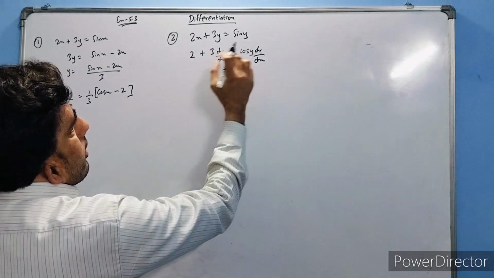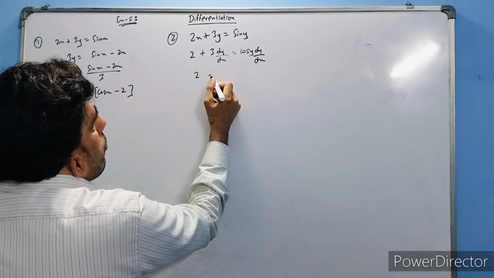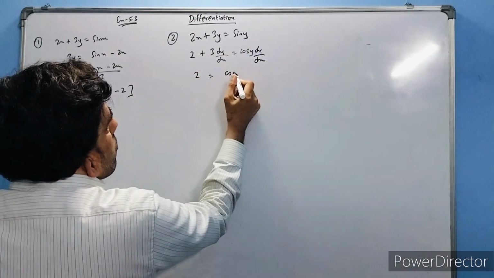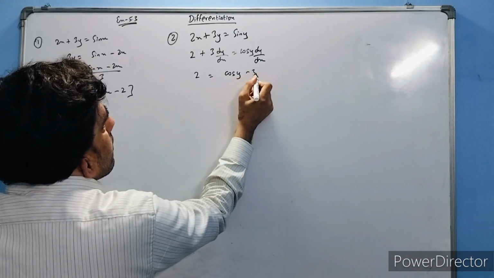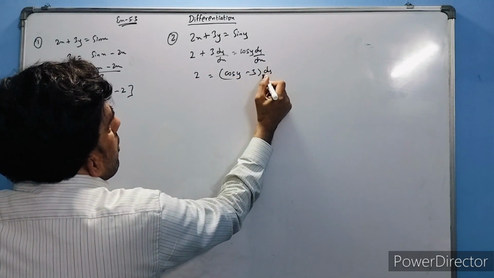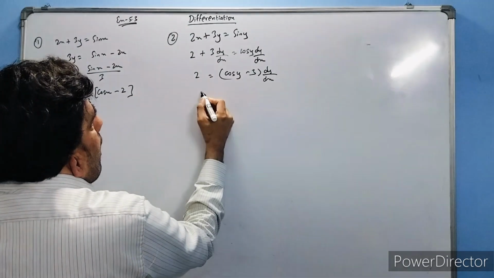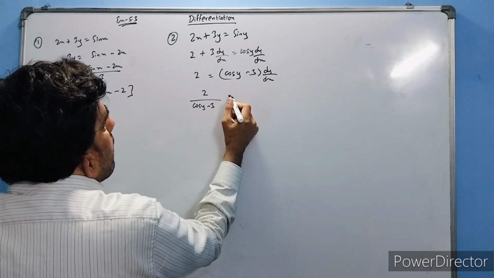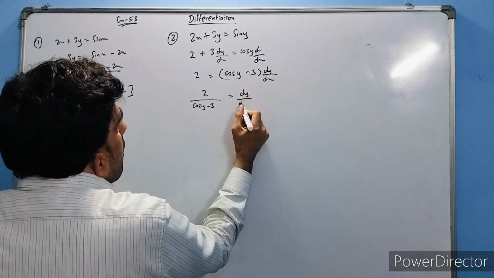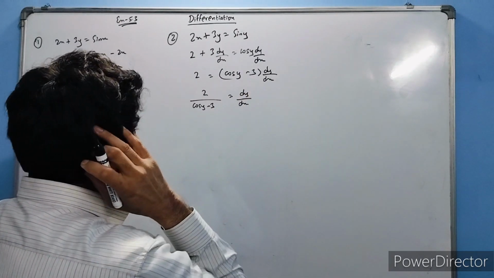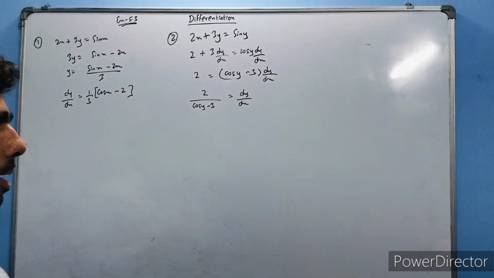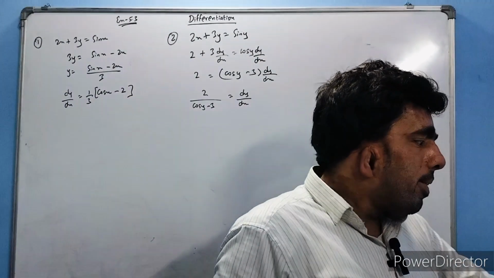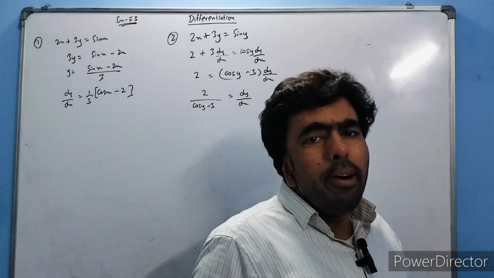Take this to that side, so we get (cos y minus 3) dy upon dx. So I have 2 upon (cos y minus 3) is equal to dy upon dx. That is how we find the differentiation of an implicit function.